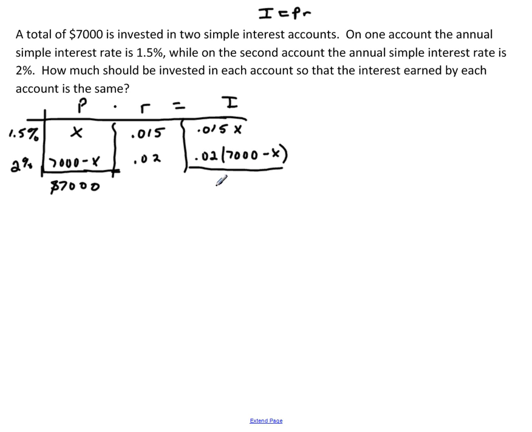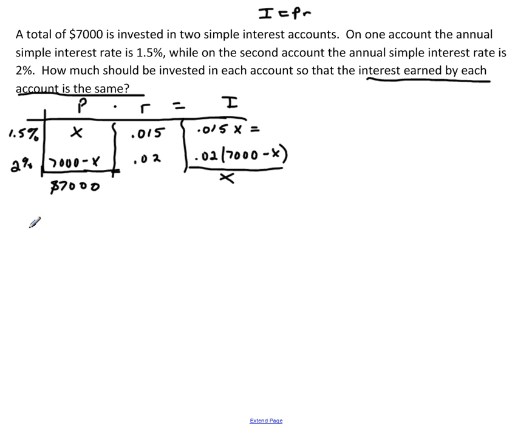Now, the nature of this problem is slightly different than my first one in that we're not being given a total amount of interest. What we want to say is how much should we invest in each so that the interest earned in each account is the same. That is, whatever amount we get in the first account will give us exactly the same amount of interest as in the second account.